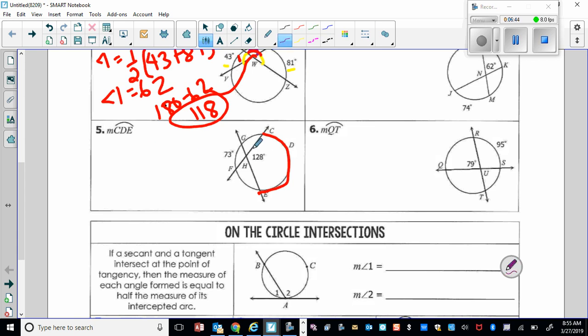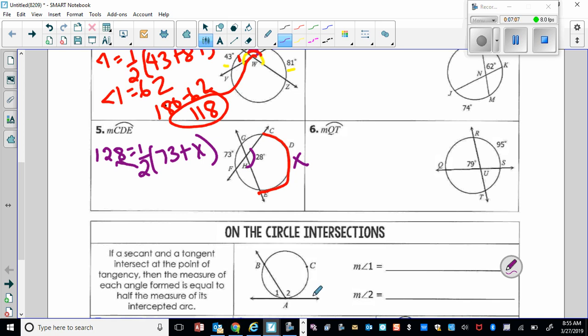The angle, which is this angle here, 128, equals half of the two arcs. I'm going to label this as my x. 73 plus x. The easy way is to get rid of this fraction, so I'll multiply this by 2.